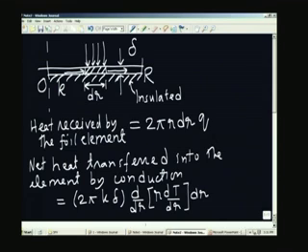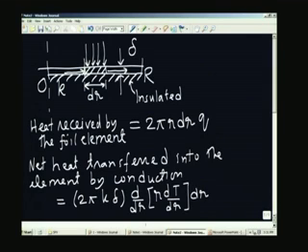Okay, area available for heat transfer changes. In fact, 2 pi into delta into r is the area of this side at the left side here, and 2 pi into delta into r plus dr will be the area this side. So the area is continuously changing in the radial direction.